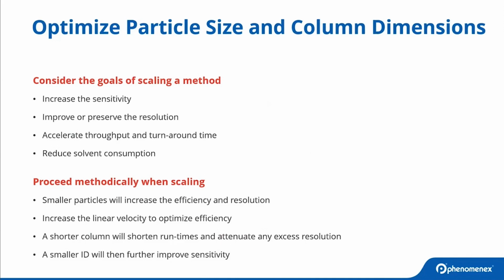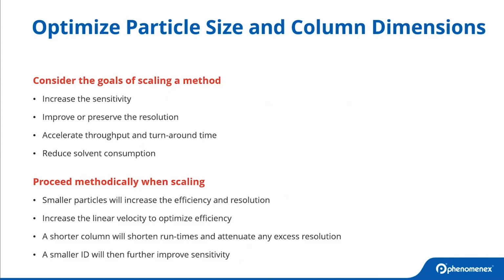We can change our particle size and change our column dimensions at the same time so as to scale a method with the intent of increasing sensitivity, preserving our resolution, or perhaps just simply improving our resolution, and then also accelerating the throughput and turnaround time, which has the additional benefit of reducing the solvent consumption during a method.